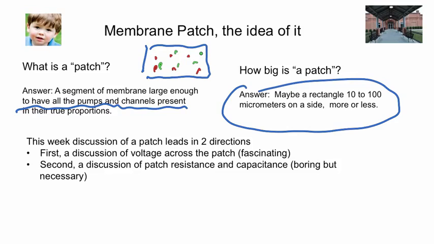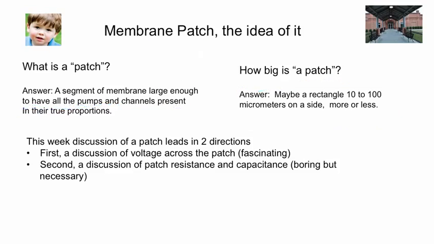Now, the discussion that we'll have of a patch goes in 2 directions. First, there'll be a discussion of energy in the patch. This is just a fascinating topic. Second, there'll be a discussion of patch resistance and capacitance. That's boring, but it's essential.